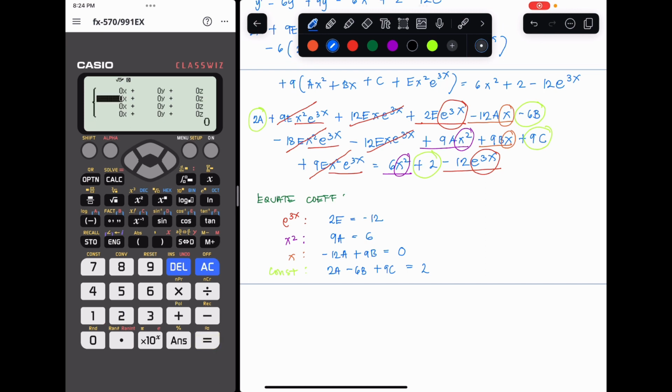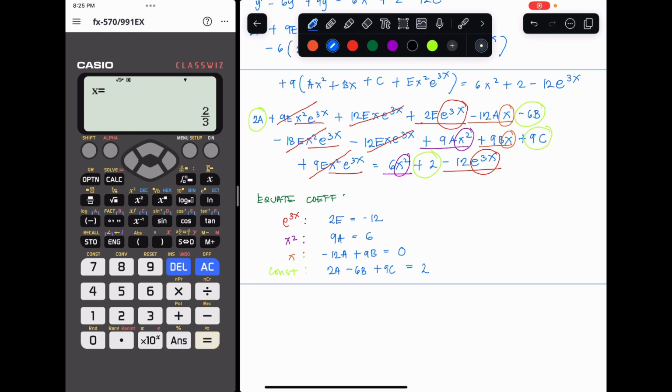For the second equation, we have a, which is 9, so for x that is 9, and then 0 for b and c, and even for e. So therefore, we just have the constant, which is 6. For the third one, we have 12, negative 12, and then positive 9, 0 for c, and then the constant will just be 0 as well. And finally, I'll have 2 for a, and then negative 6, and then positive 9, 0 for these, and then 2 for the constant.